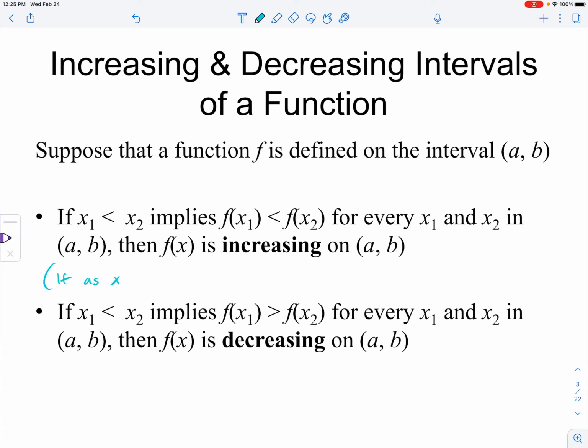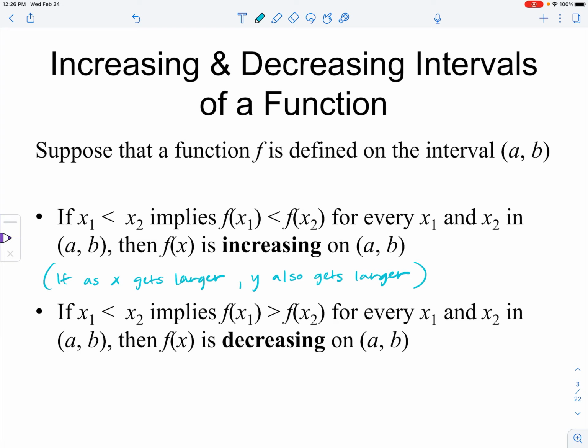So if as x gets larger, and this is on the interval from a to b, y also gets larger, then the function is increasing on the interval from a to b.